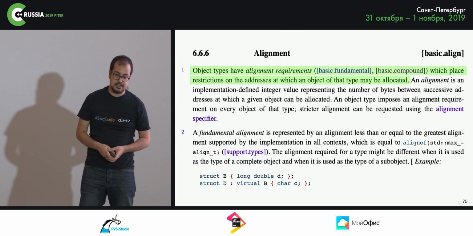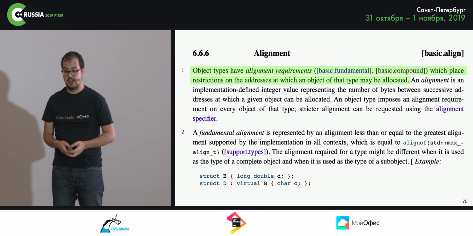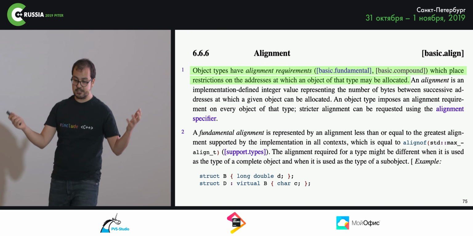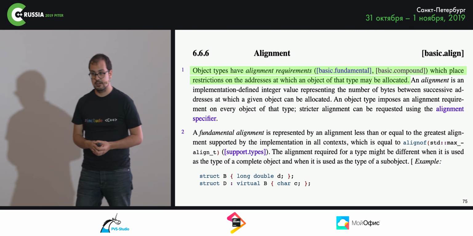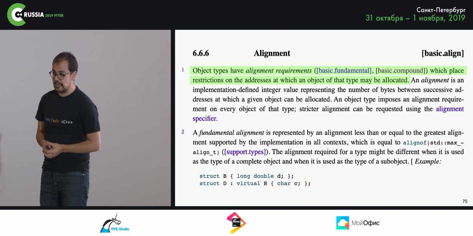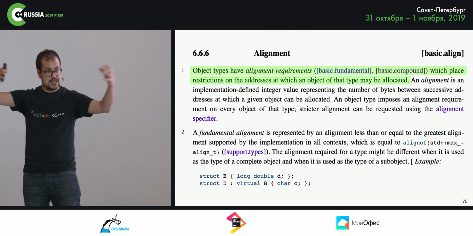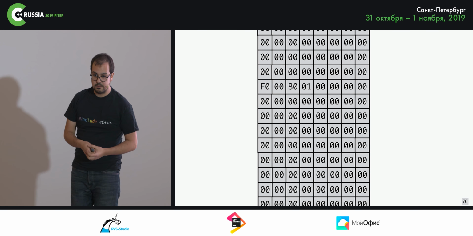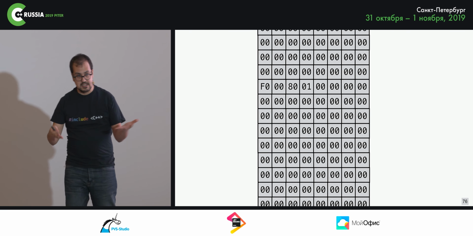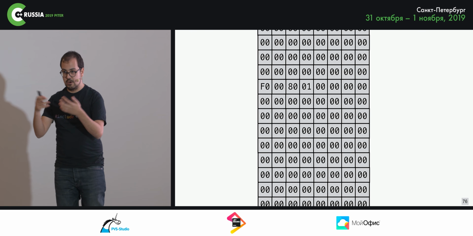If you look again at the standard, it says that object types have alignment requirements which place restrictions on the addresses at which an object might be allocated, okay? So not every object can live at any address. It's not like a tape where you can just pick any address and put an object there. Look, for example, at a 64-bit system, where the word size is 8 bytes.